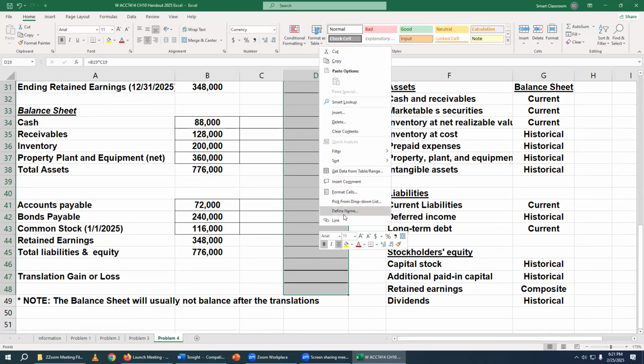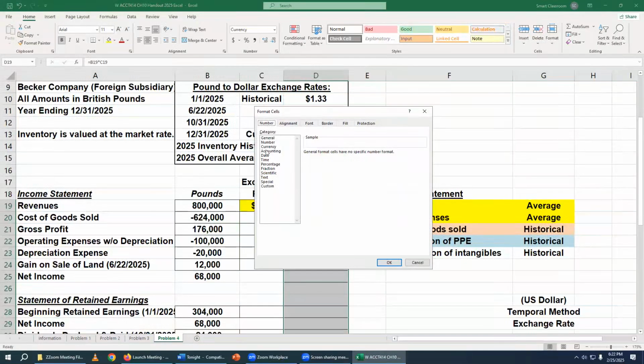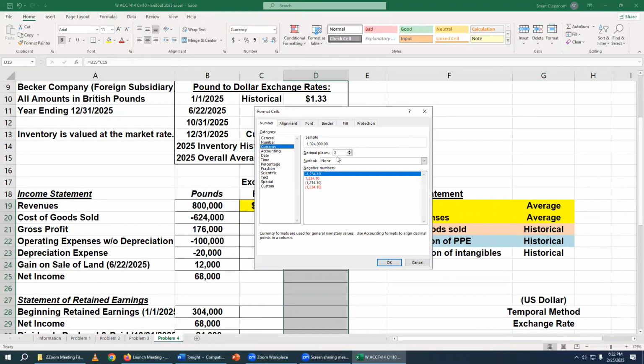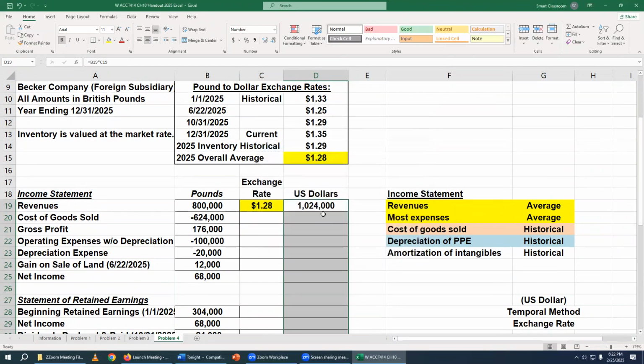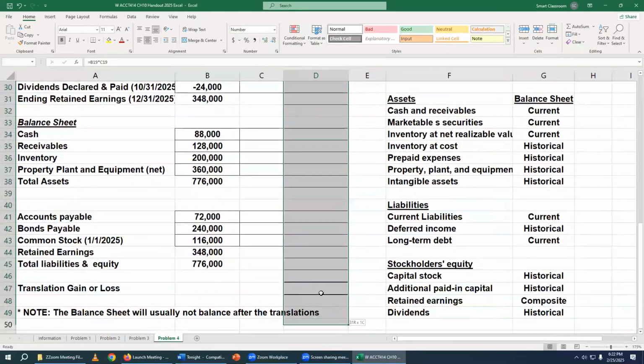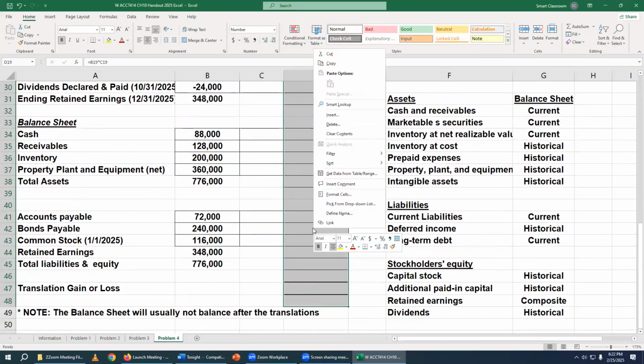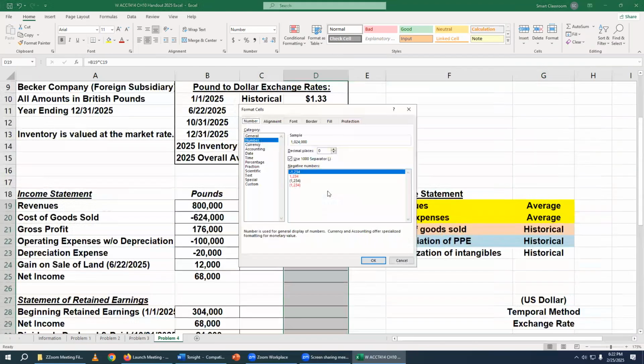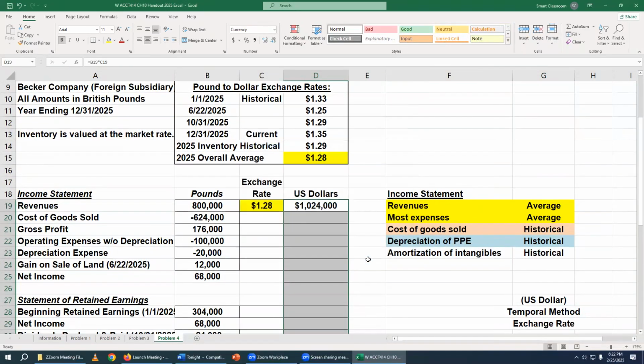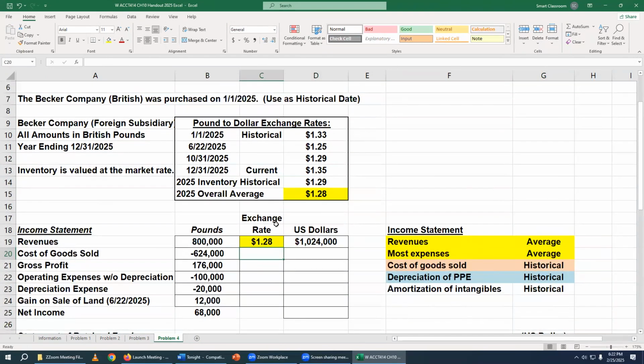All right, let's see, format cells. Change that. Okay, cost of goods sold, that's inventory historical.